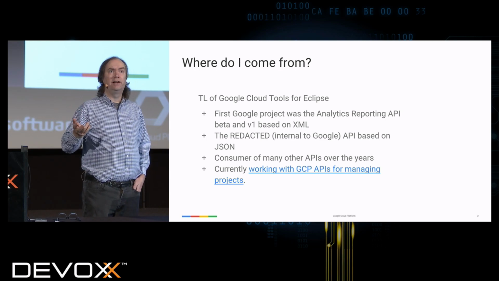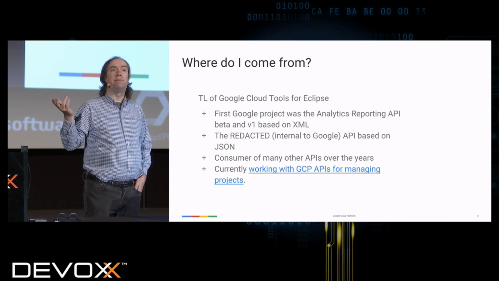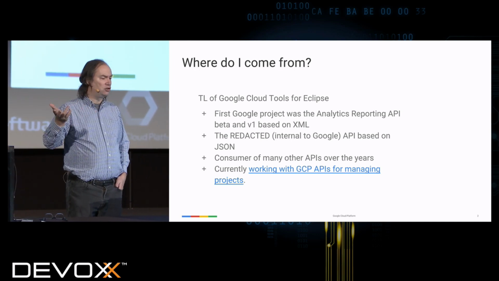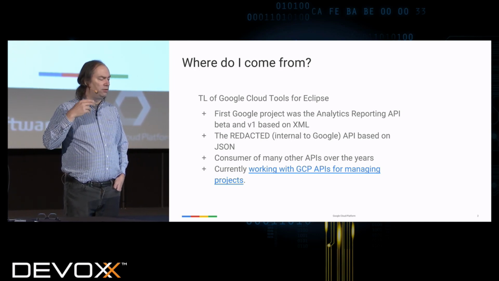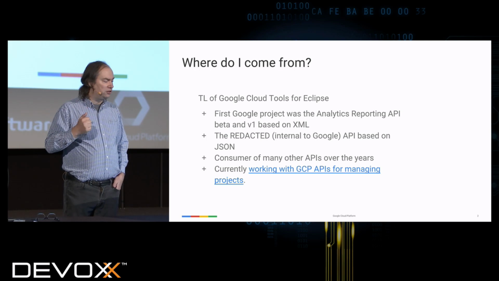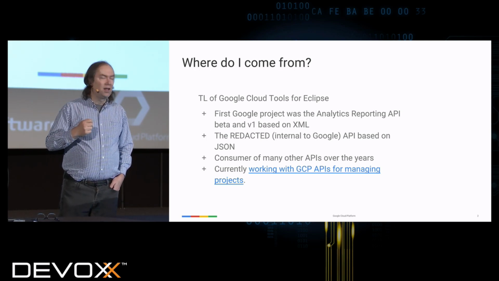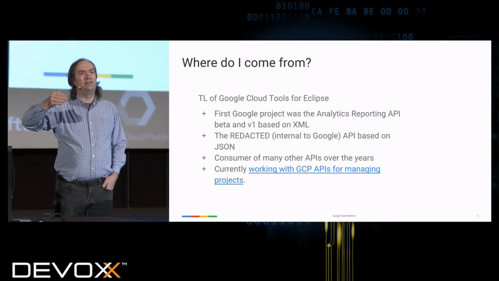And the way we did that is we built an API for it. In this case, this was based on JSON. It was based on some newer technology that was not available when I first did the Analytics Reporting API, and that moved along.